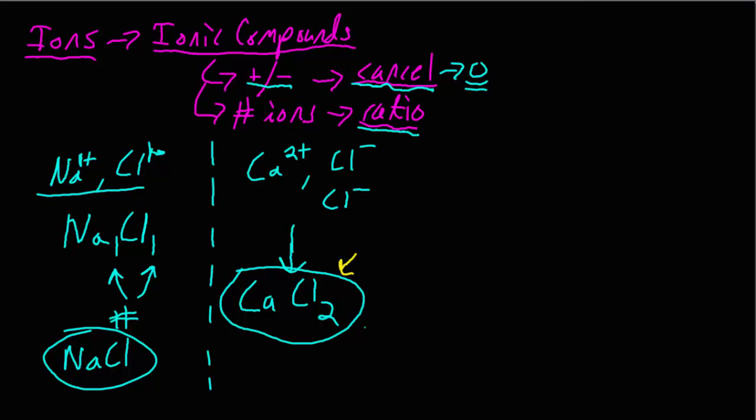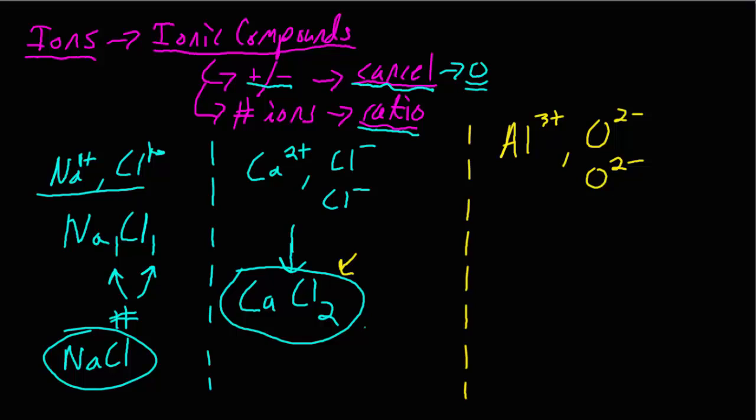Let's look at one more example that's a little trickier. Let's take the combination of aluminum ion, which is a 3+, and an oxygen ion, which is a 2-. Again, I need a ratio that gives me the same amount of positive and negative charges. It's just not going to be quite as straightforward as the first two. Obviously, we're not even with 1 and 1.